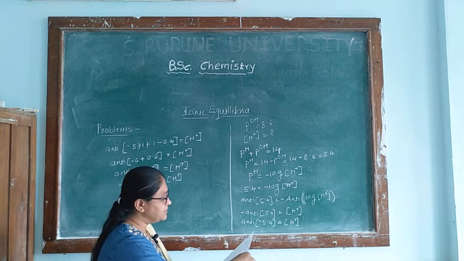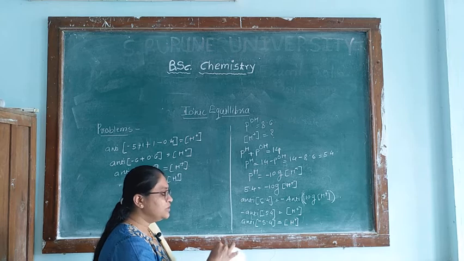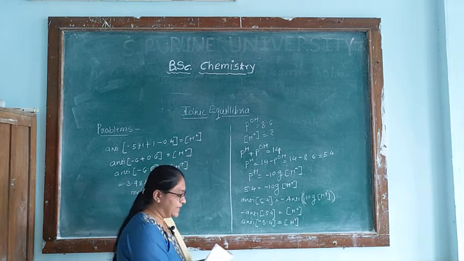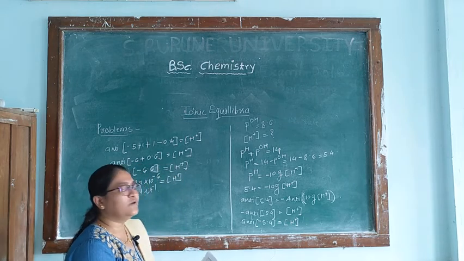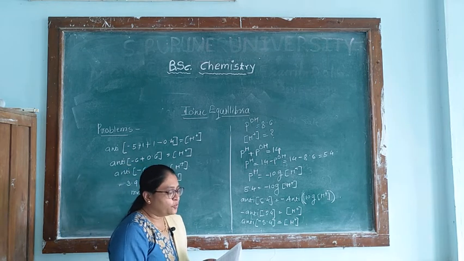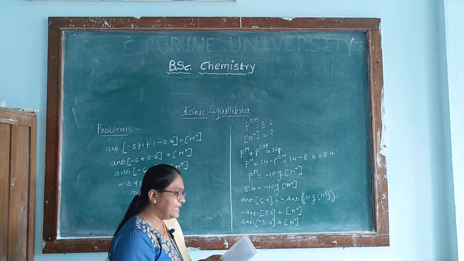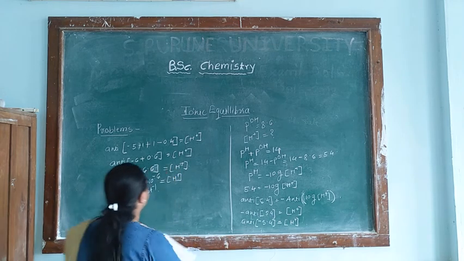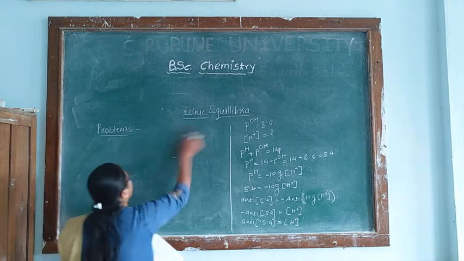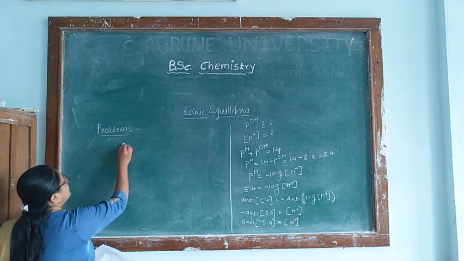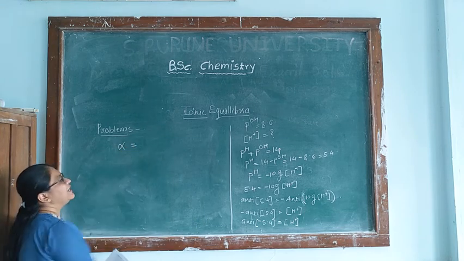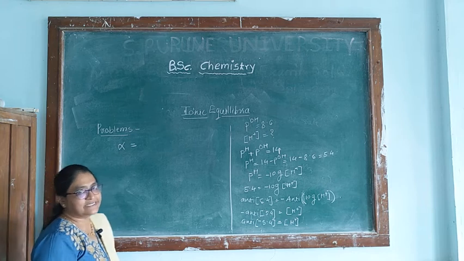The next problem is related to the degree of ionization. Degree of ionization of 0.1 molar monobasic weak acid is 0.130. Now in this problem we have been given the degree of ionization, which is shown by alpha, of a monobasic weak acid.